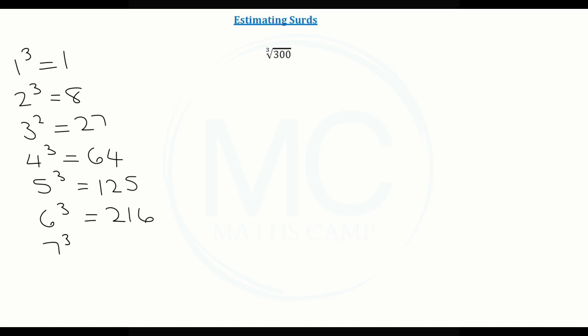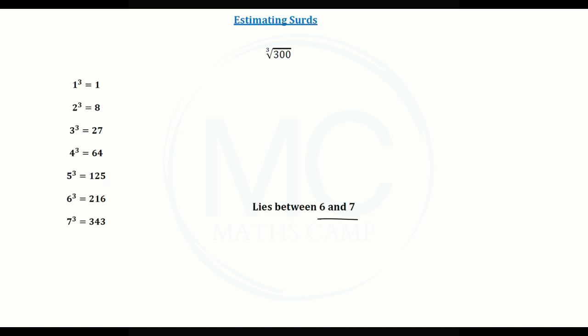And 7 cubed is equal to 343. Now, 300 lies between 216 and 343. Therefore, we can see the cube root of 300 must lie between 6 and 7.